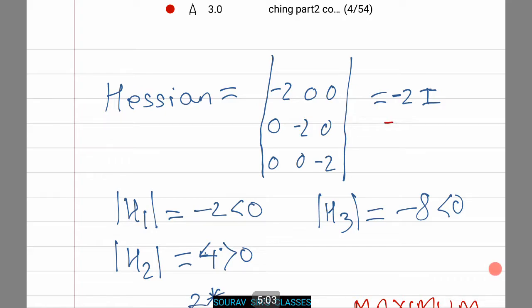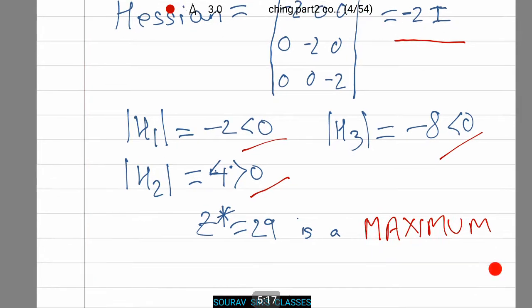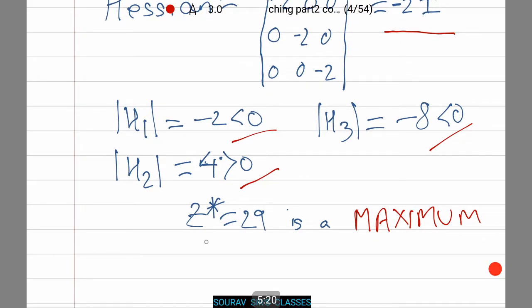This can also be written as minus 2 into an identity matrix. Now the minors that we find are mod of h1 equals minus 2, h2 equals 4, which is greater than 0, and h3 which is less than 0, and thus this condition is satisfied, so z star equals 29 is a maximum, unlike the previous question.